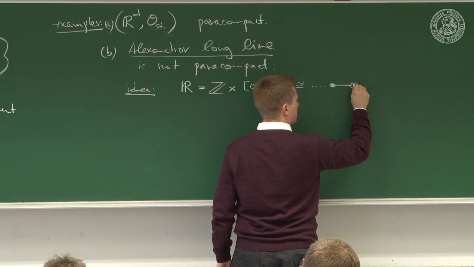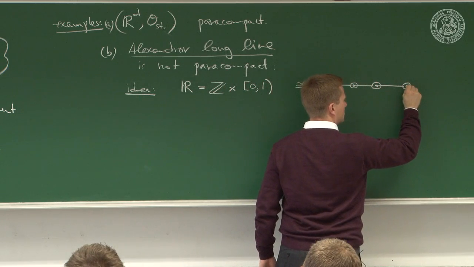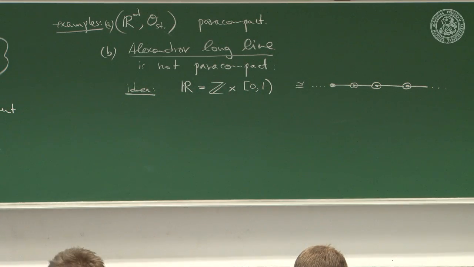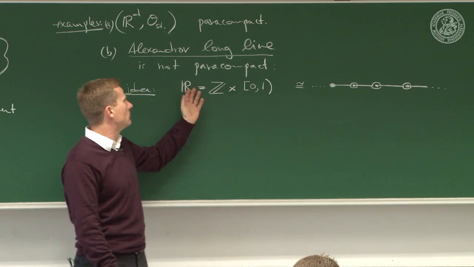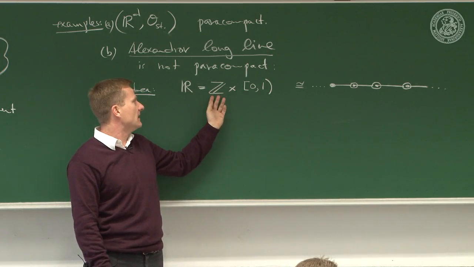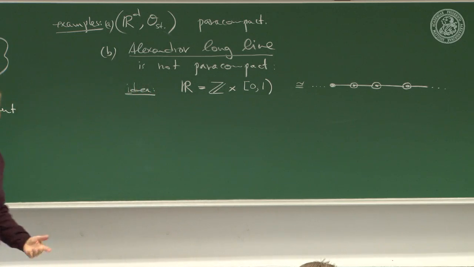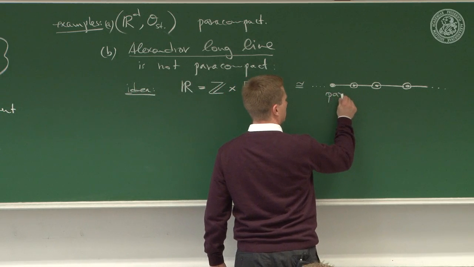This one eats again that one. This one eats again that one. This one eats again, and so on. So you take a ruler and always put one ruler next to the other, and you recover the whole real line. So the real line is kind of like a countable product of this interval. That's the real line, and that's paracompact. That we already saw.